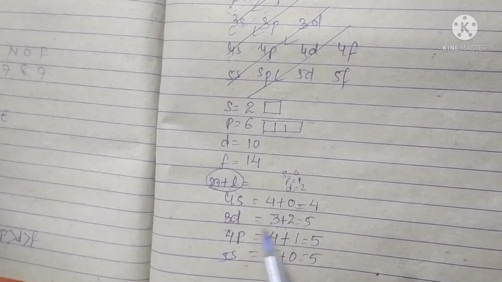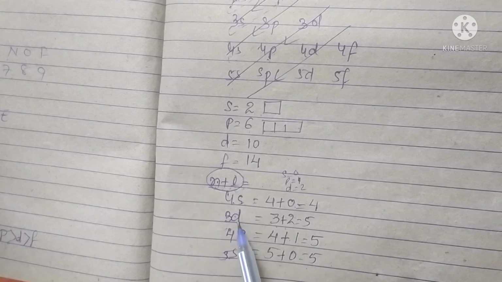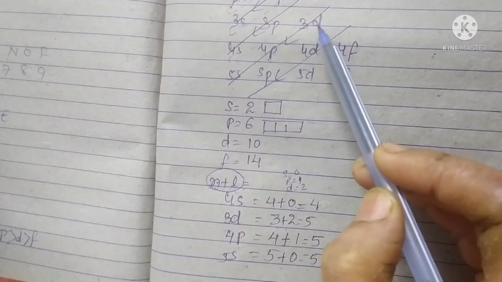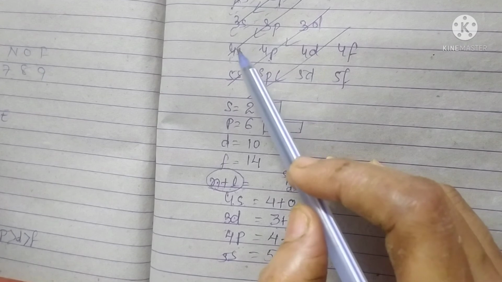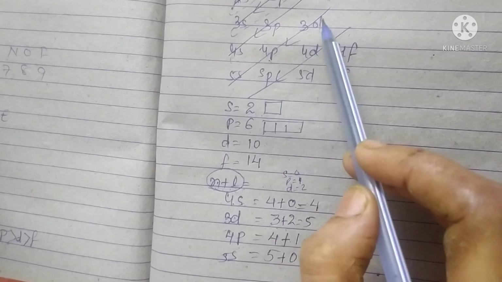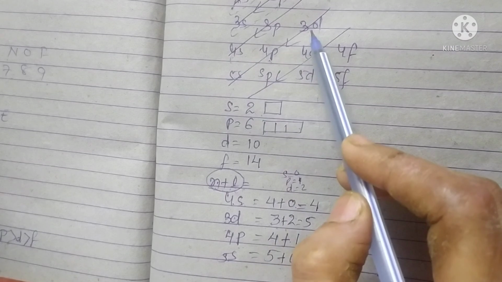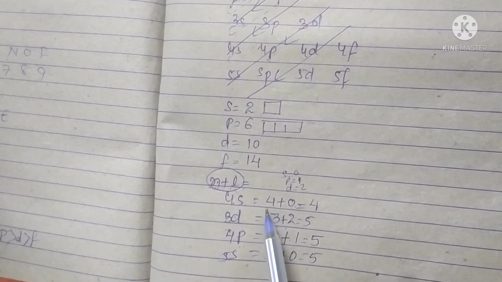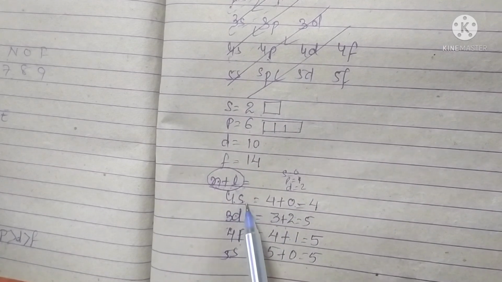Let us see. Suppose we have taken 2 orbitals, 4s and 3d. In this case, we can see that 4s is filled first and then 3d. What is the difference between the energy of 4s and 3d? Let us check it by the n plus l rule. For 4s, the value of n is 4 and the value of l is 0.